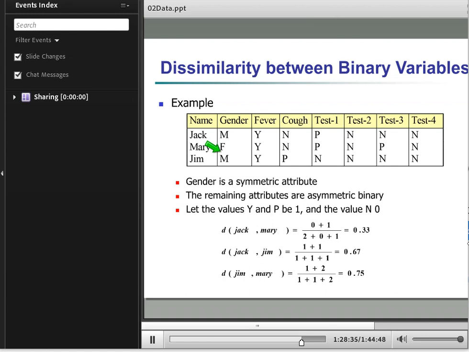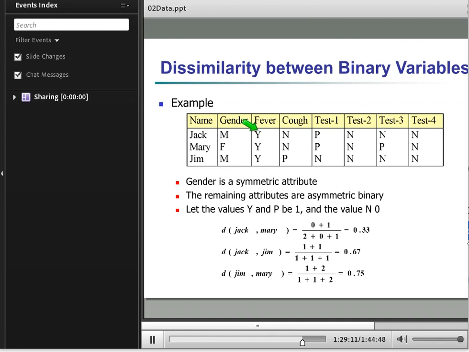I'm trying to find a similarity between Jack and Mary, or Jack and Jim, or Mary and Jim. So, firstly, I'm removing the gender here, and just talking about the rest of these items: fever, cough, test 1 to 4.